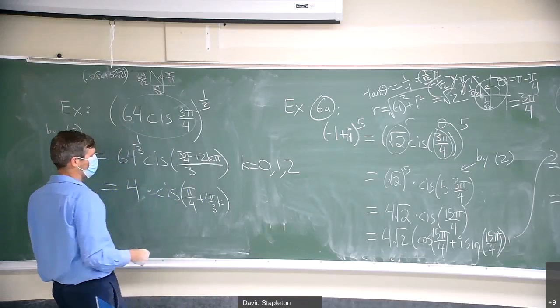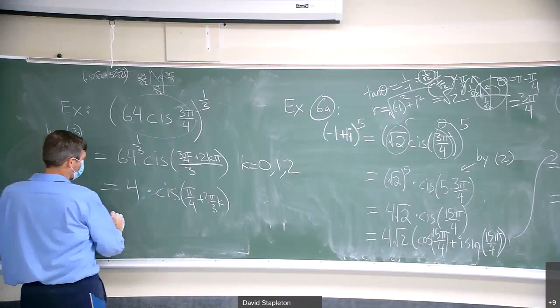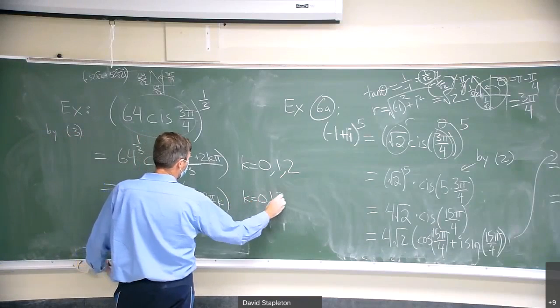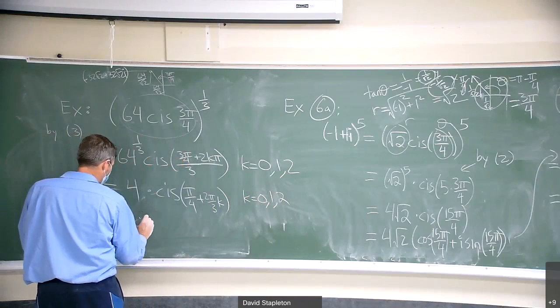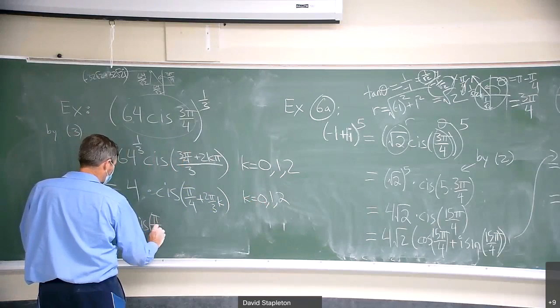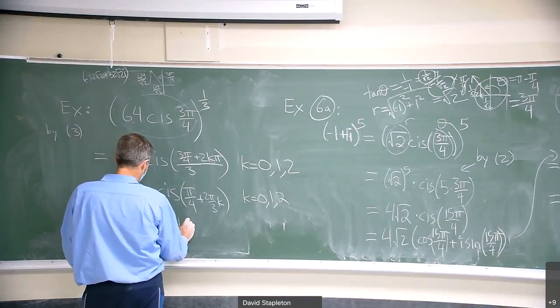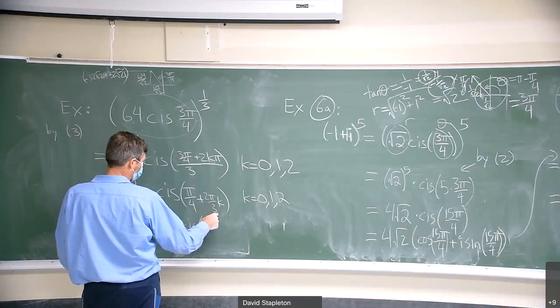I divide this one by 3. So the 3 roots are, with k equals 0, 1, 2: 4 times cosine plus i sine of pi over 4. That's when k equals 0. When k equals 1, I get 4 times cosine plus i sine of pi over 4 plus 2 pi over 3.